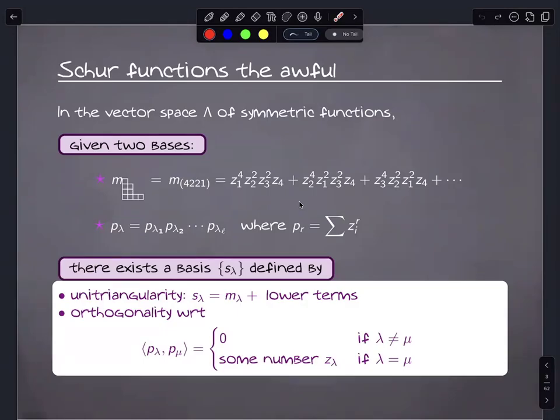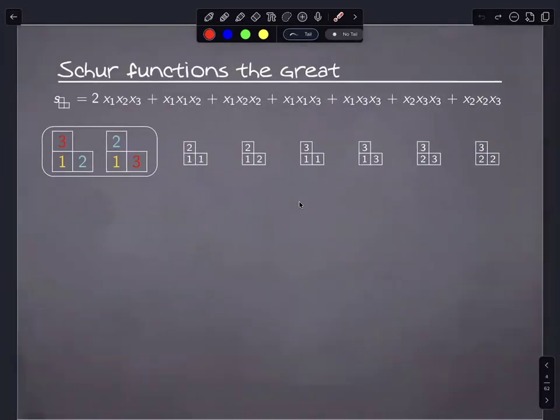And then the next thing, of course, is just to briefly review Schur functions the great, especially from a combinatorial position. Another way to think of them is that they're actually just sums of tableau. Write down all the tableau. Each tableau gives you a monomial, and you get the Schur functions.